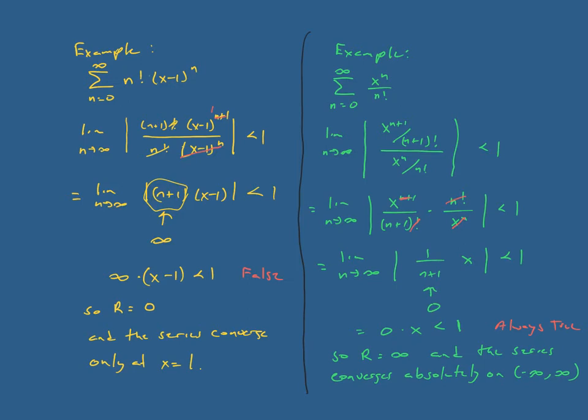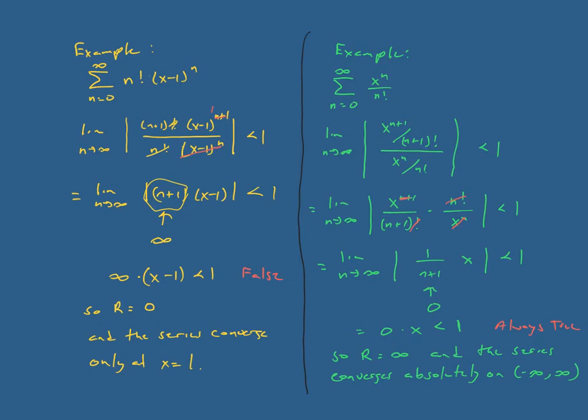But I take the limit now as n goes to infinity. So as n goes to infinity, this is going to be 1 over infinity, which we know is 0. So the result here is that this limit is going to be 0 times x. Well, 0 times any real number is going to be 0, which is guaranteed to be less than 1.